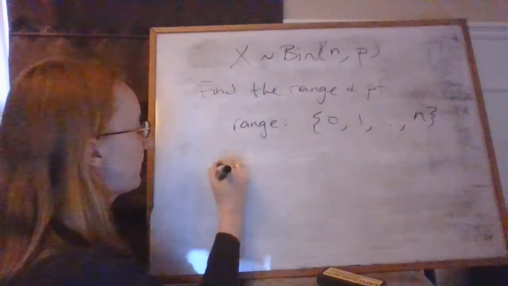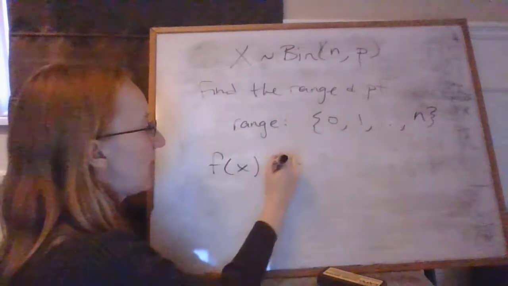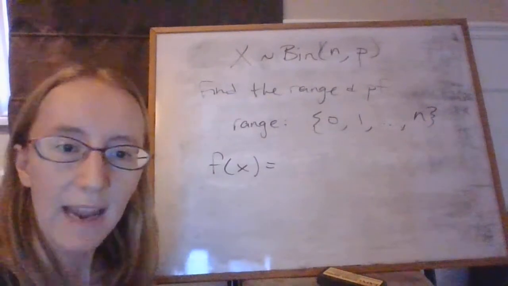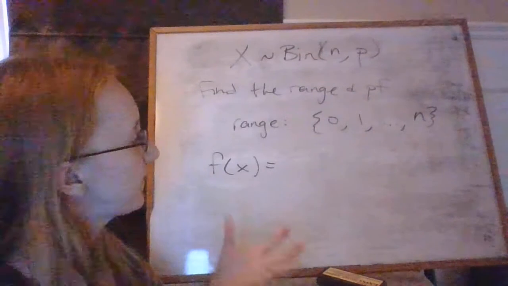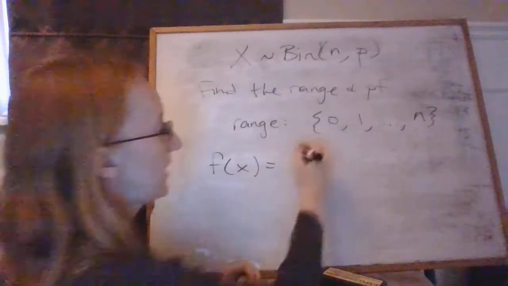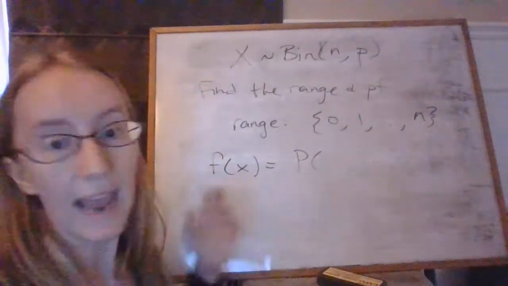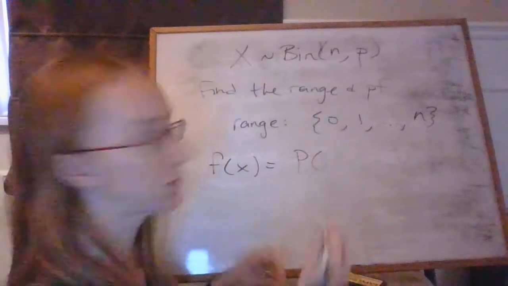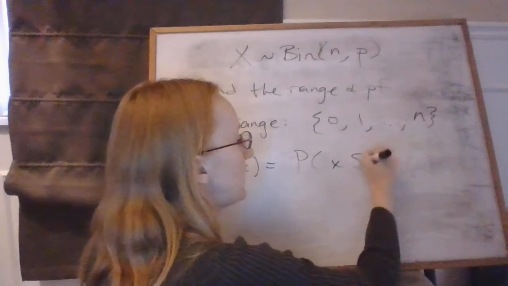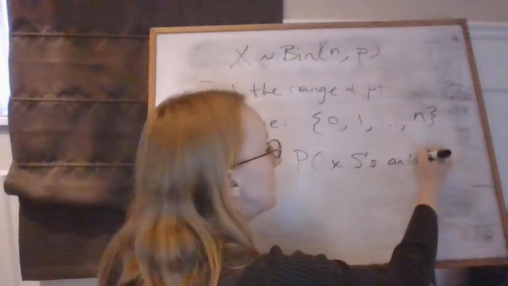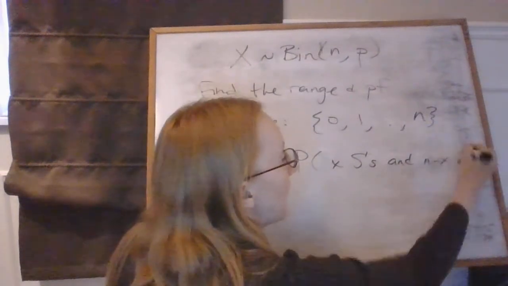And for the probability function, little f of x, we want to think about the same idea in terms of building this probability. We need to have x successes, which means we also need to have n minus x failures. So we want the probability that we get x successes and n minus x failures.